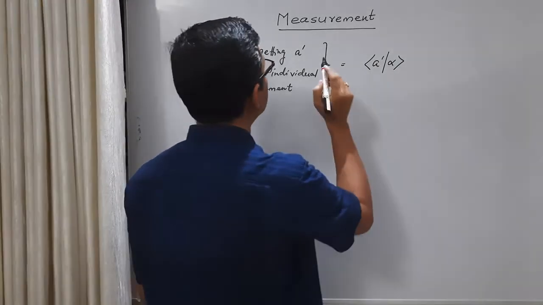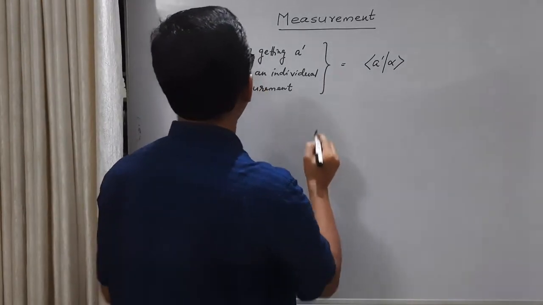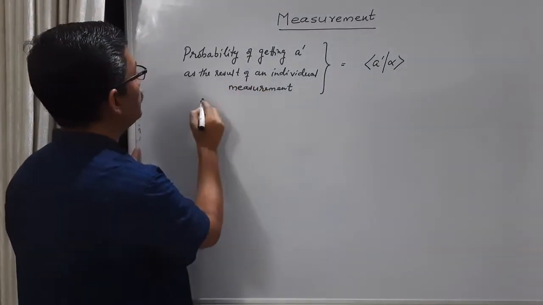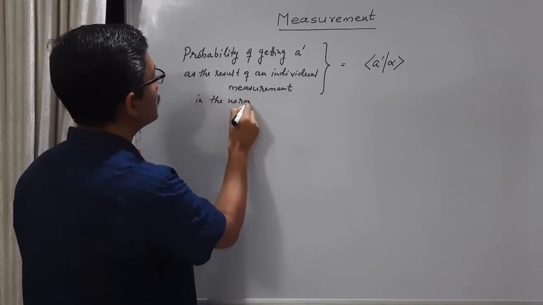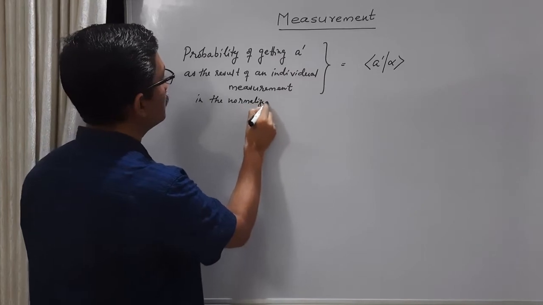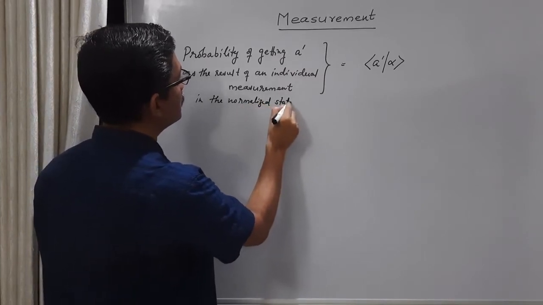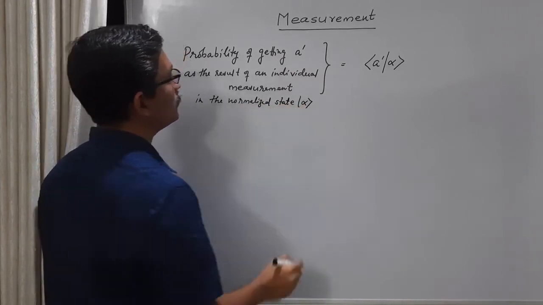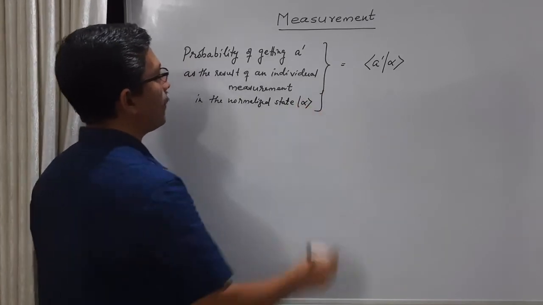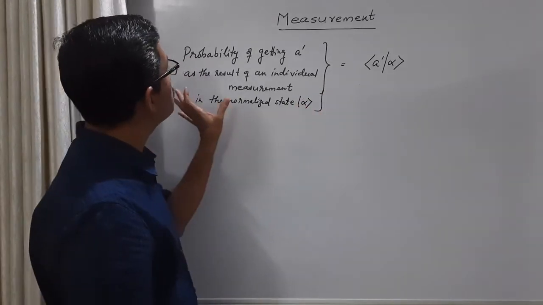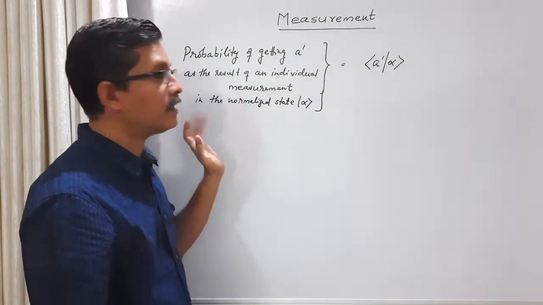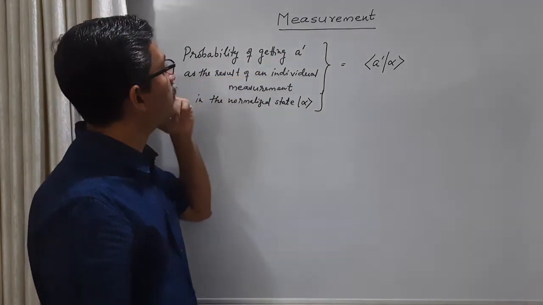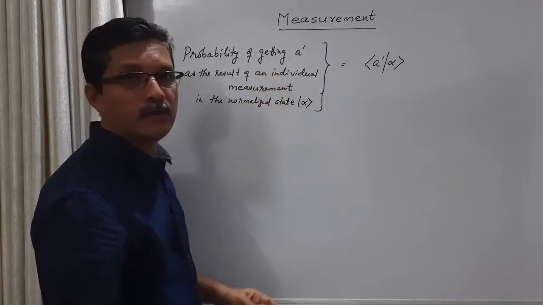Okay, so we are making a measurement in the normalized initial state ket alpha. What is the probability of getting A prime as the result of an individual measurement?